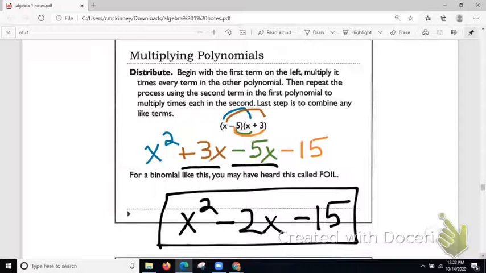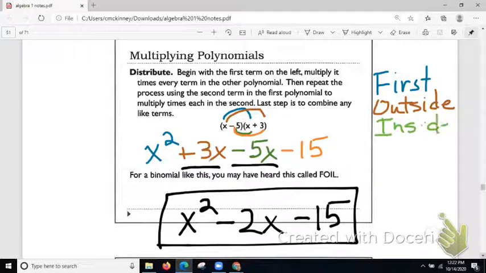And the reason that sometimes people refer to that as FOIL is an acronym, and it's first times first, and then it's outside, outside, that's the O, and then the I is inside, inside, and then the L is last times last.